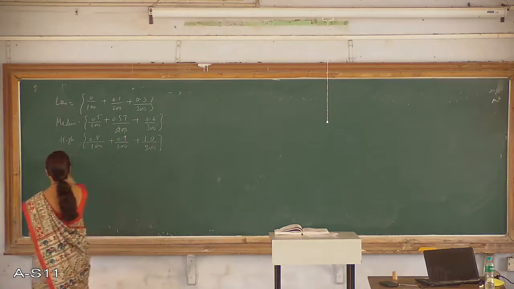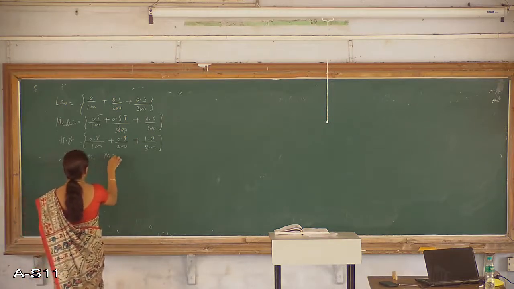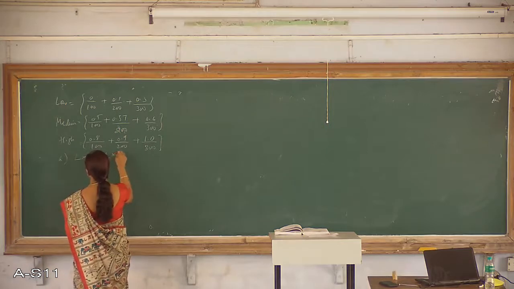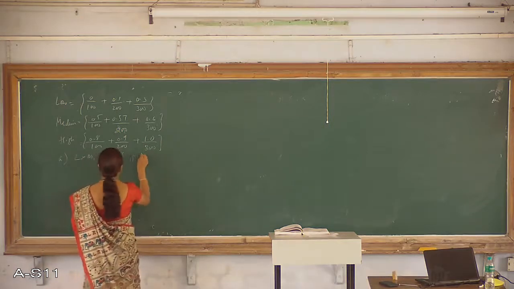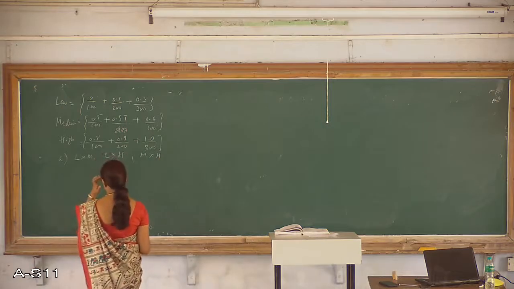So I need to perform the Cartesian product with low cross medium, low cross high, and also medium cross high. These are the three possible combinations I need to perform.